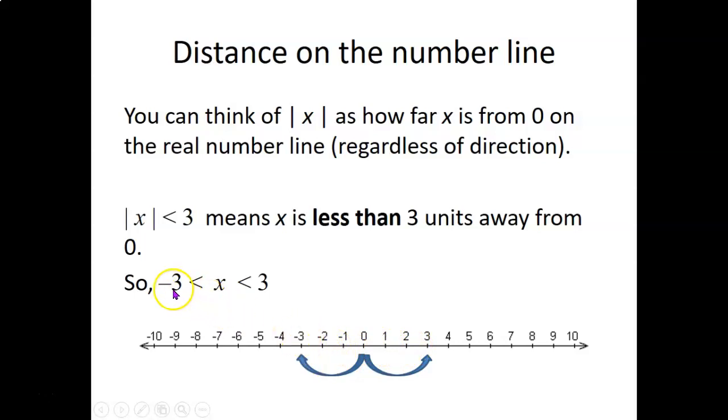So you have to be between negative 3 and 3. So for the absolute value of a number to be less than something, that number has to be between negative and positive something. It has to be less than that positive number, but it also has to be greater than, not less than, but greater than that negative number.